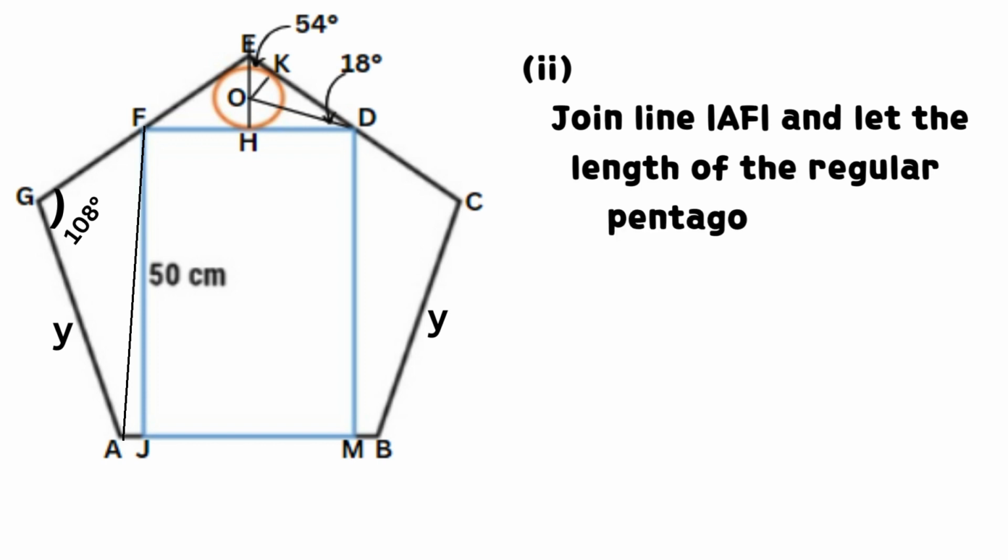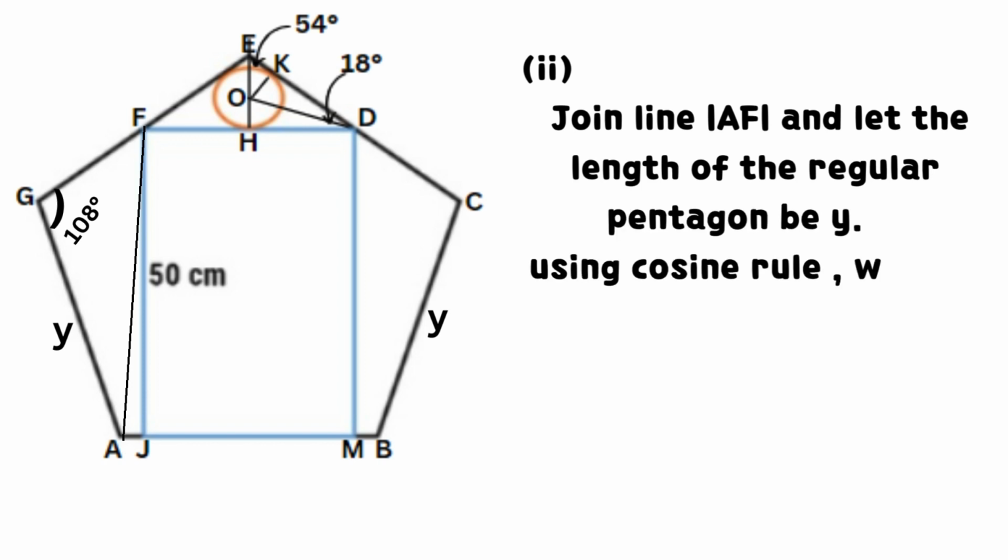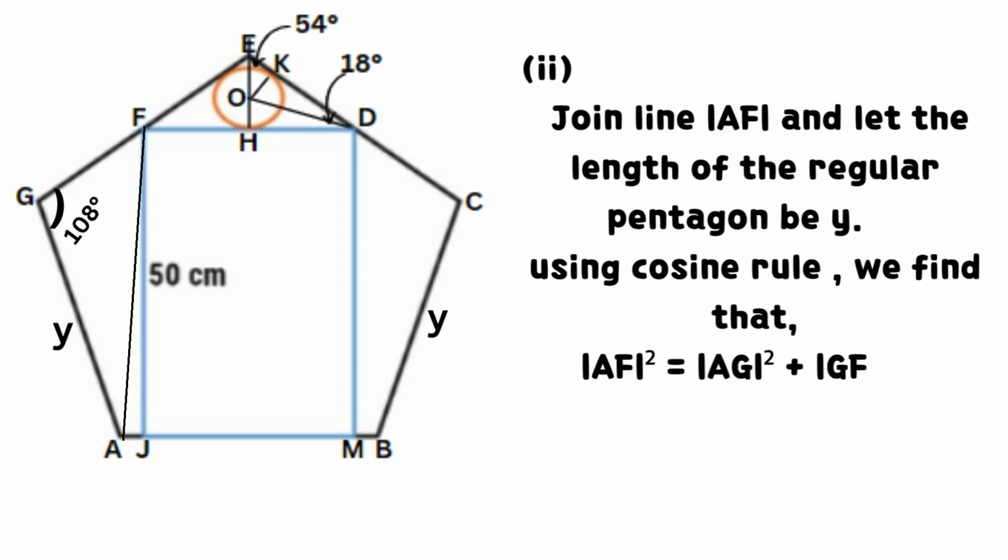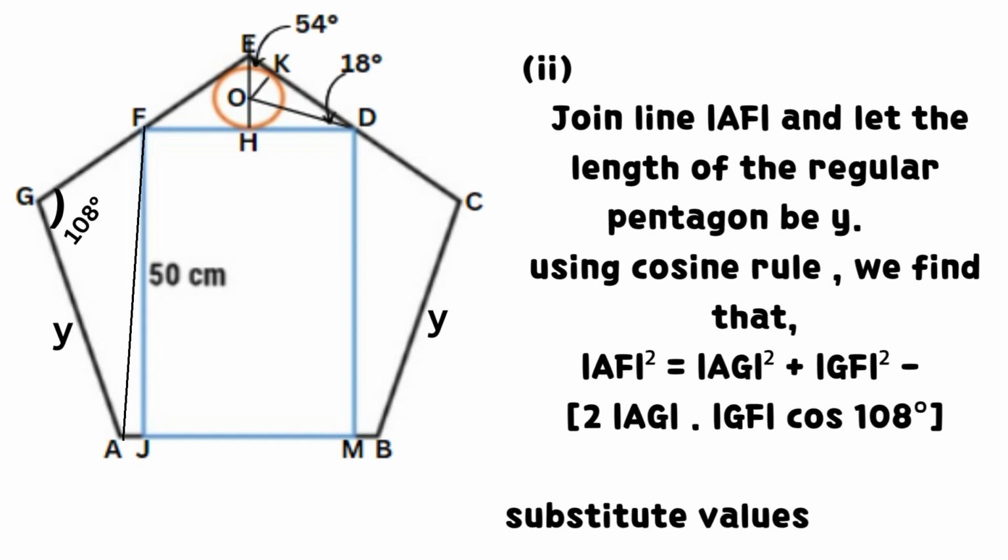For question 2, join line AF and let the length of the regular pentagon be y. Using cosine rule, we find that the square of line AF equals the sum of the square of line AG and GF minus 2 times line AG and GF and cosine 108 degrees. Substitute values obtained.